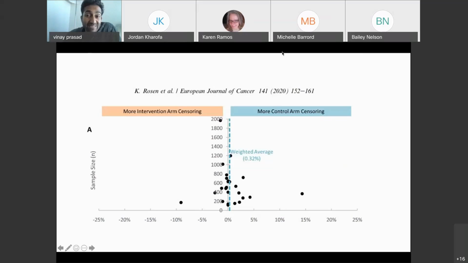Let's just say it's a placebo-controlled new fancy drug versus placebo drug. More people censored in the control arm. Why? Did they switch, cross over, or change to a different drug? They drop out. I guess technically it wouldn't be crossover because they get the investigational drug, but you're spot on. They drop out because they're disappointed.